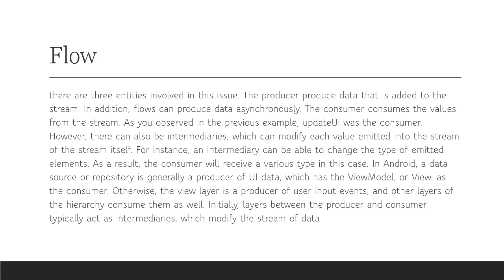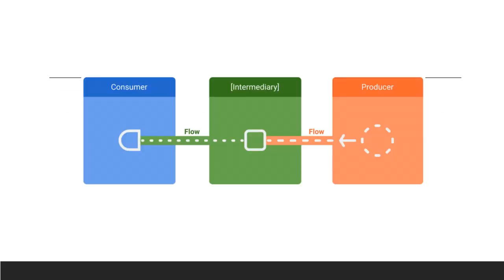Just like we can say that in Android, a data source or repository is generally a producer of UI, which has the view model as the consumer. The view layer produces the user input events. So here you can say that UI is the consumer, the intermediary is your flow work, and then the producer.